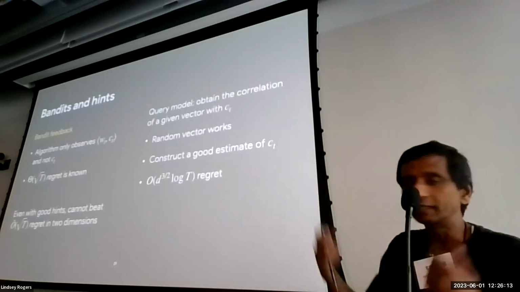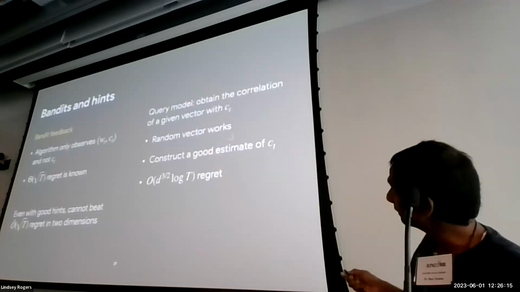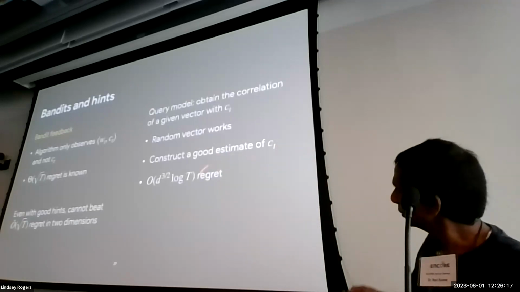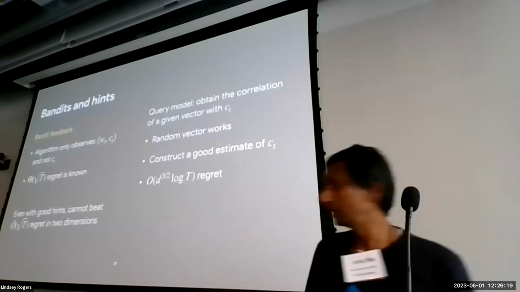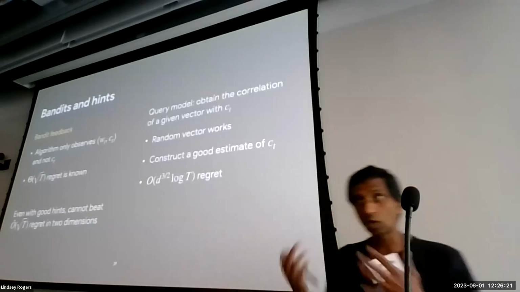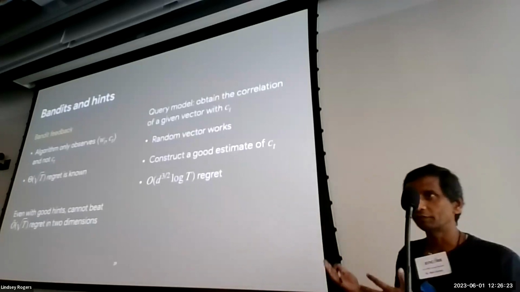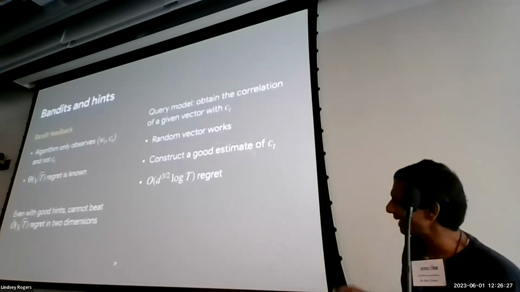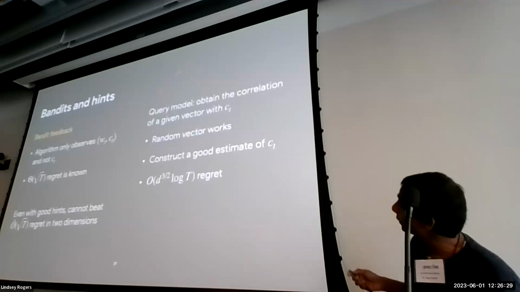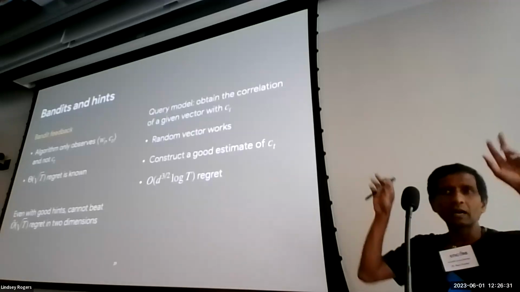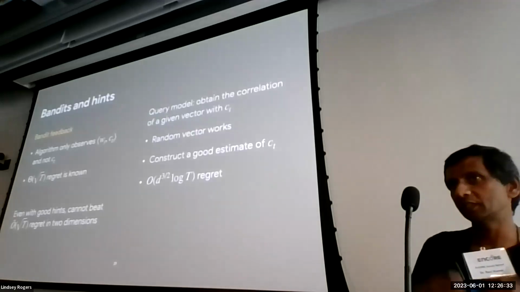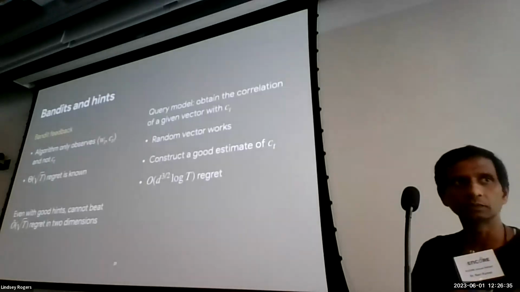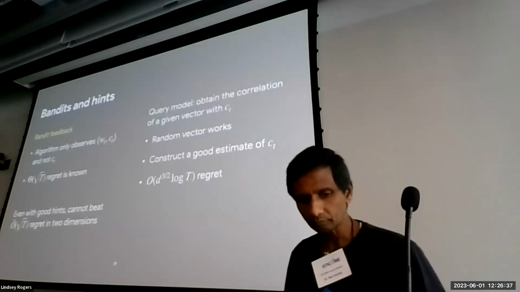Under this model, in fact, a random vector works, and you can get log T regret. It's a stronger model, but if our goal is to get log T regret, it's doable. The main idea is very simple: by using this oracle, you can get an unbiased estimate of c_t, which turns out to be sufficient to make the proofs go through.